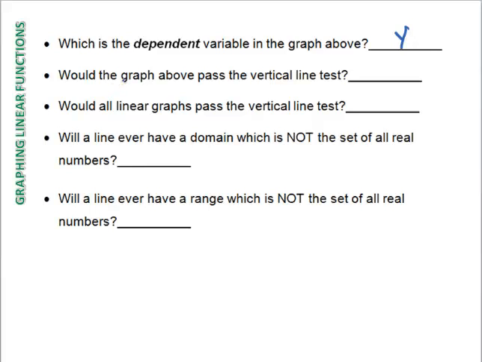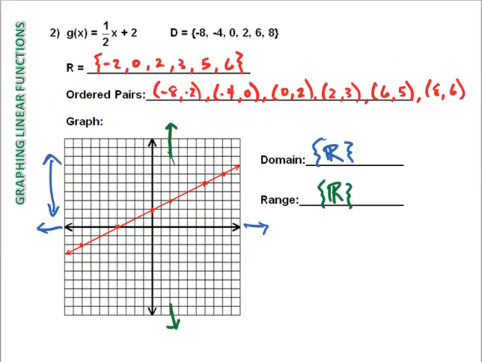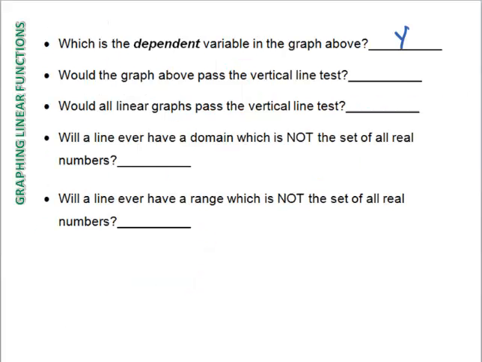Would the graph pass the vertical line test? Well, if I drew a bunch of vertical lines all the way up and down the graph, and I kept doing that, notice it's only going to touch my graph at one point at any one time. So it does pass the vertical line test. So I put a yes there.